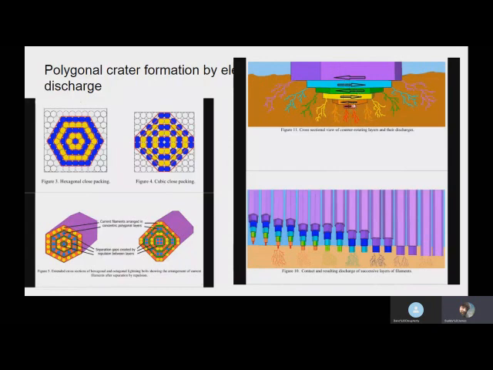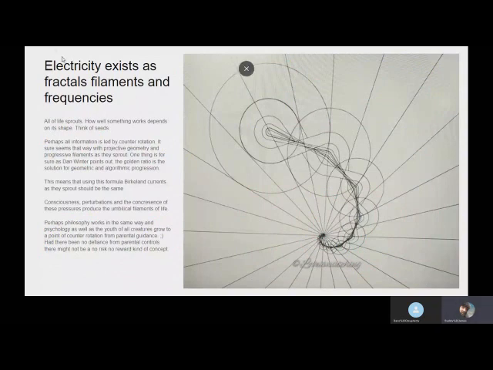It releases the current sheath by sheath by sheath, as you can see here, the counter-rotating gyration of these shapes, these vertical vortex, spinning helical type of energy that's fractal, and that's the filament. This is frequency creating, and there's information that's feeding the mycelial networks and all of life, keeping the Schumann resonance in check. So electricity exists as fractals, filaments, and frequencies.